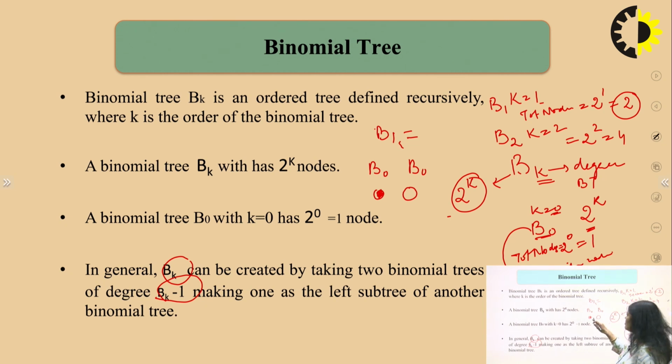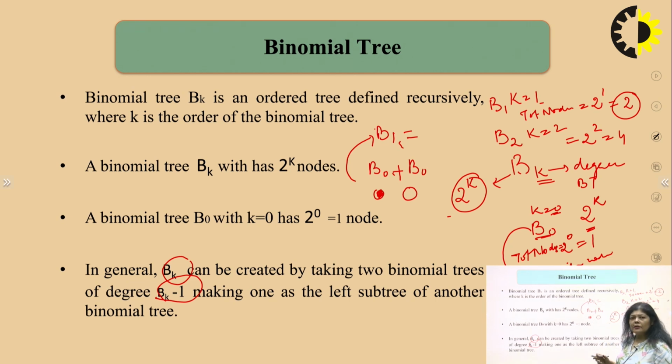Now, we need to combine these two to form this B1. So, we are combining B0 and B0 together to create another binomial tree with degree 1, right? Now, how are we going to merge these two binomial trees with degree 0?